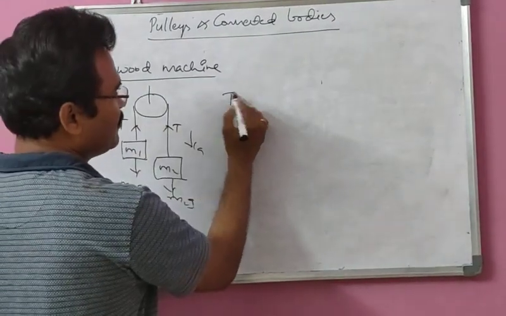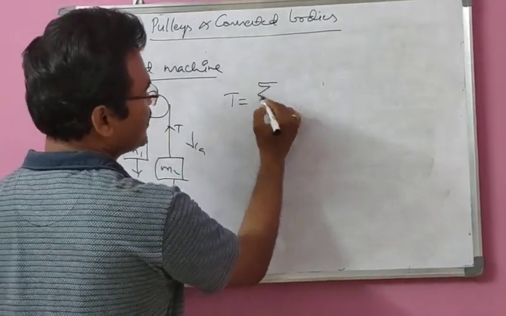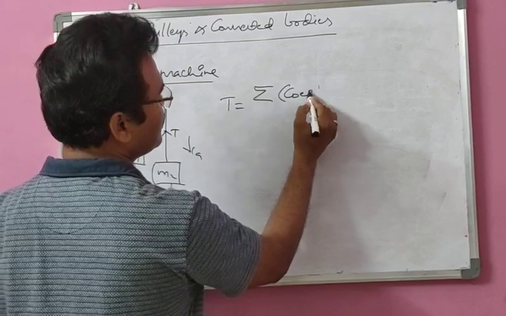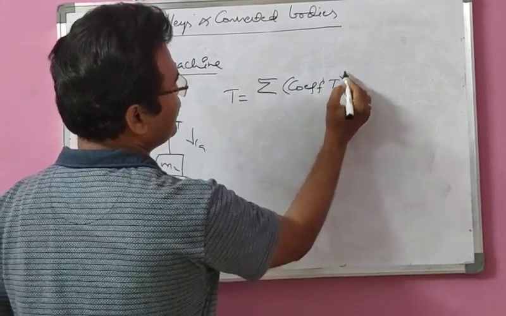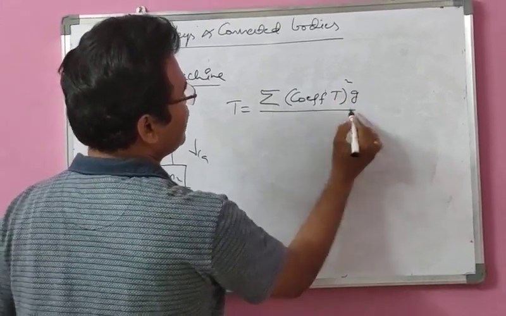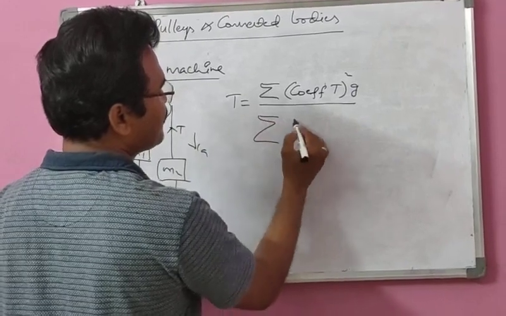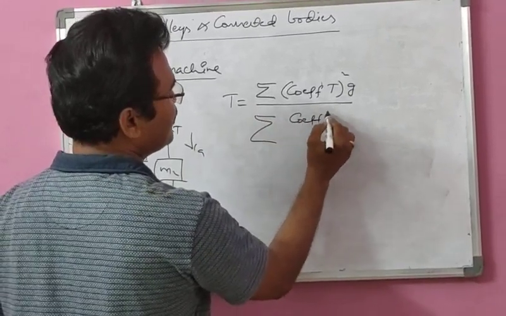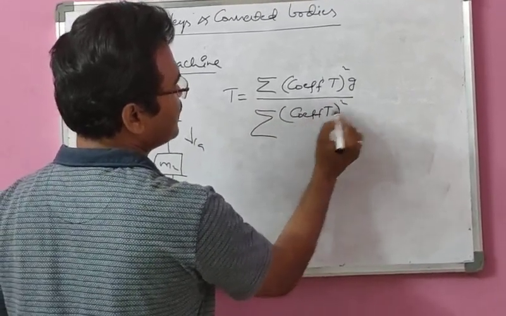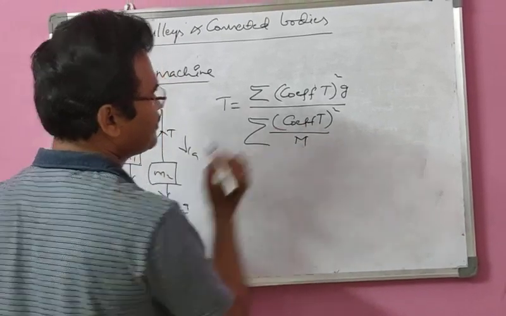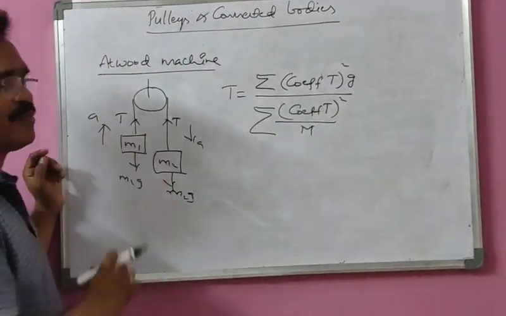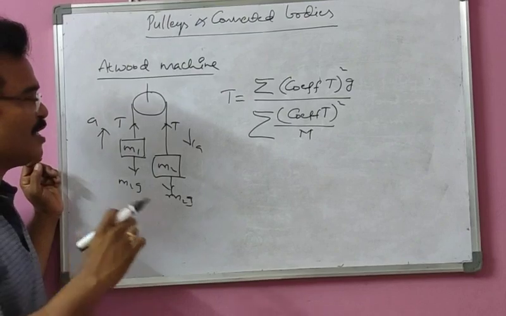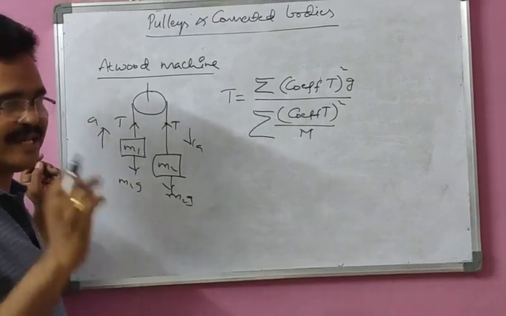So tension T equal to, observe carefully, sigma of (coefficient of T) squared times g, divided by sigma of (coefficient of T) whole squared divided by mass. This is the formula you have to employ while calculating the tension directly.